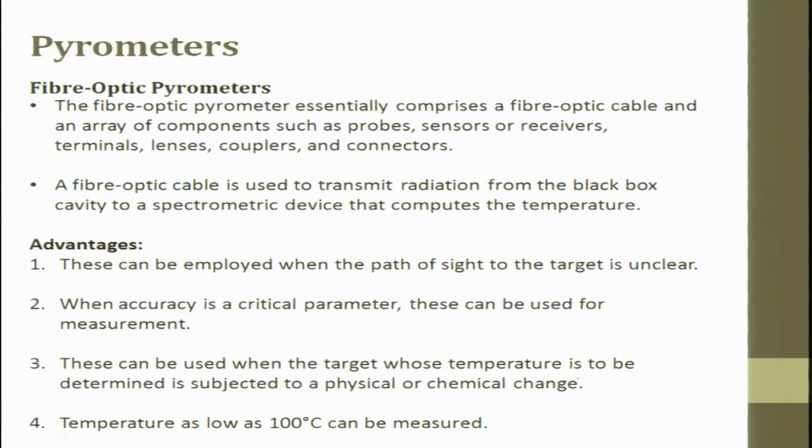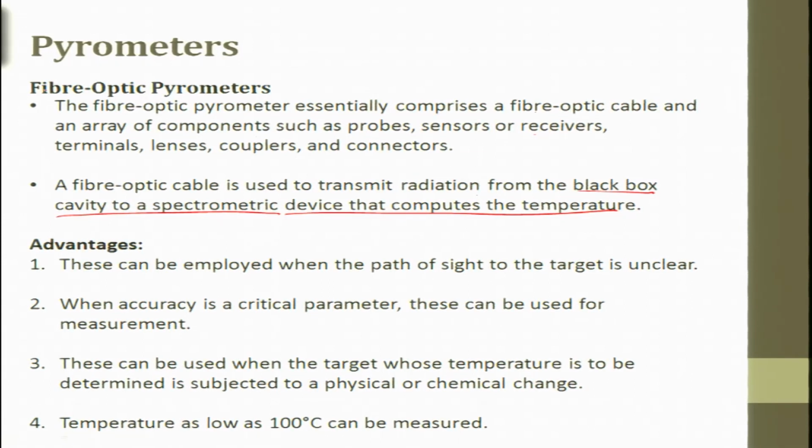So, the fiber optic pyrometer. The fiber optic pyrometer essentially comprises a fiber optic cable and an array of components such as probe, sensor and receivers, terminals, lens, couplers and connectors. A fiber optic cable is used to transmit radiation from a black box cavity to the spectrometric device that computes the temperature.